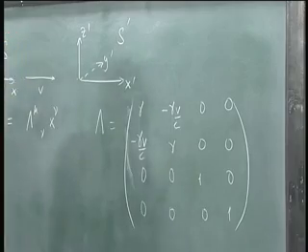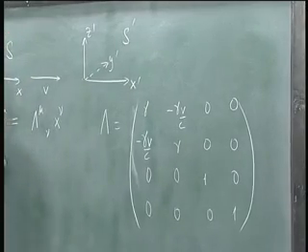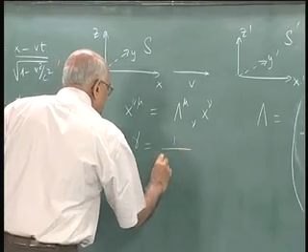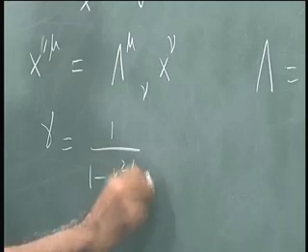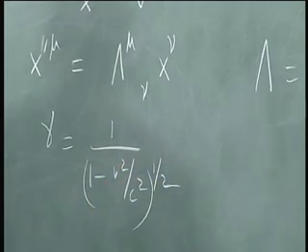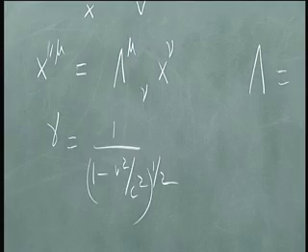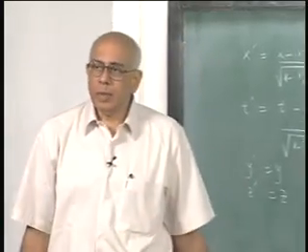In this fashion, where gamma was equal to 1 over 1 minus v squared over c squared to the power of half. Okay. Now of course you know this implies the relativistic addition of velocities.